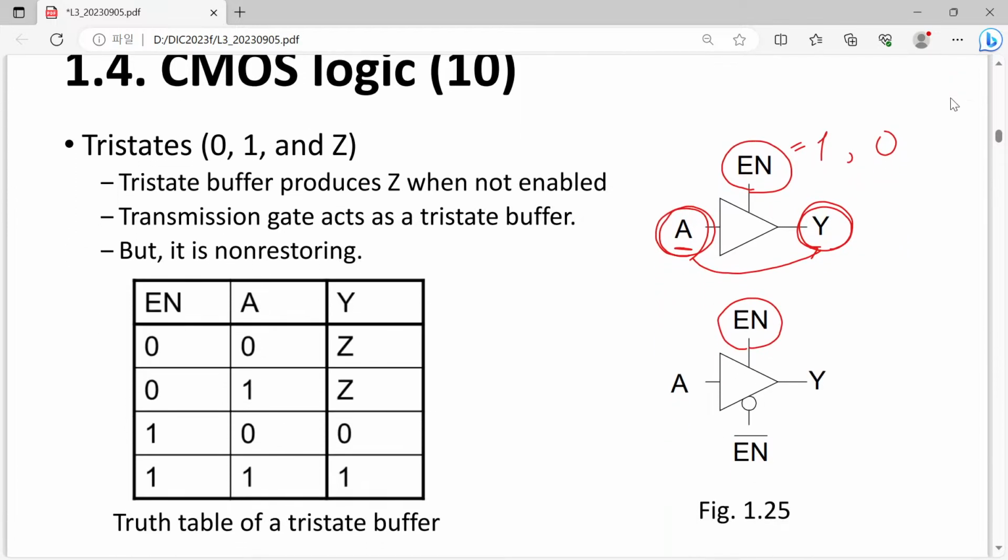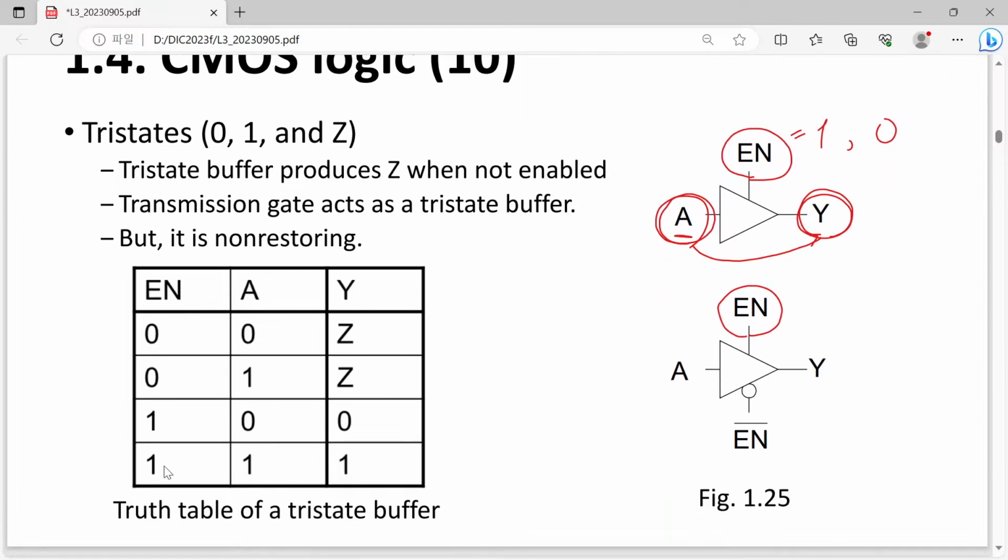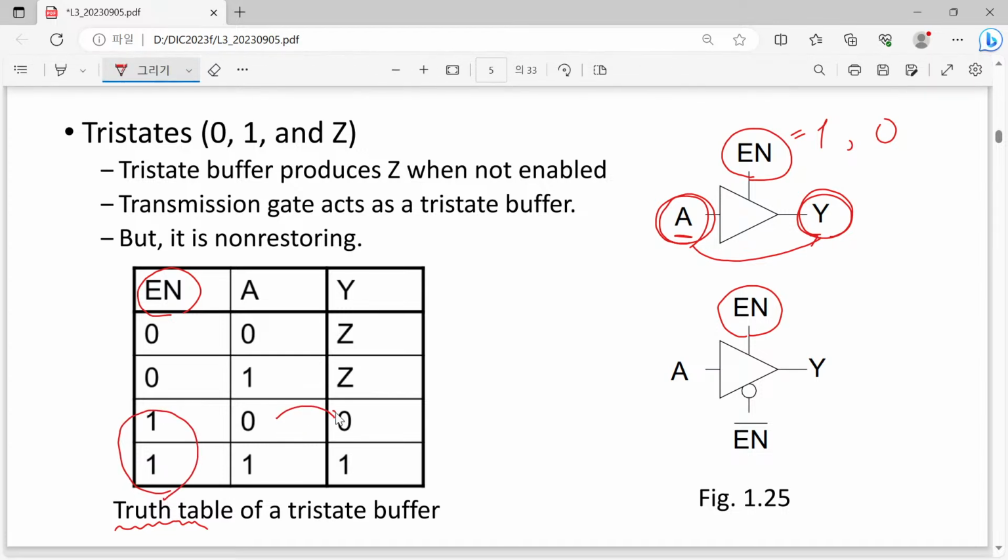Let's go to this one. Then the truth table can be drawn. When the enable signal is 1, the input is copied, and when the enable signal is 0, then Y is not related to our input signal A, and here Z means a floating state.